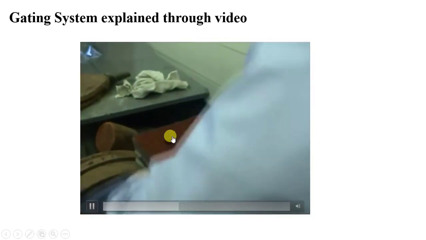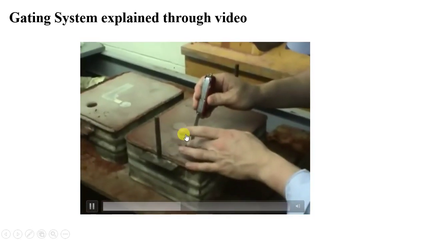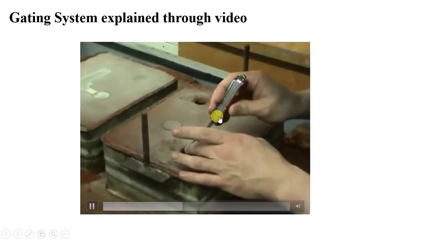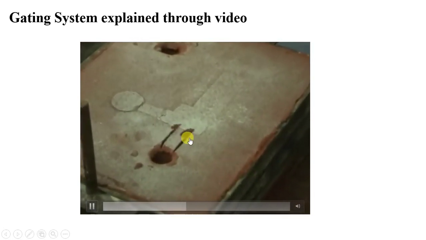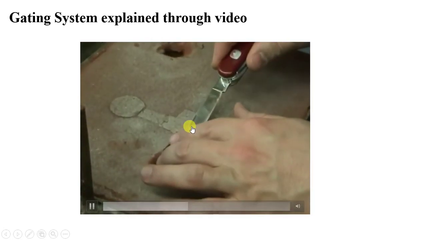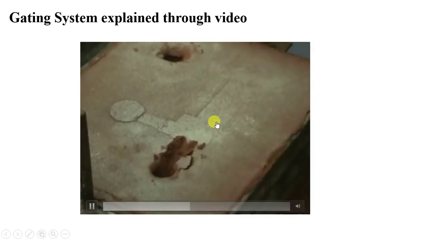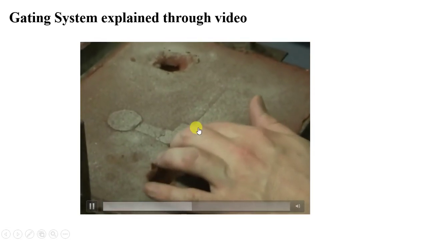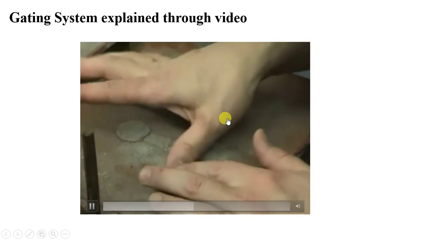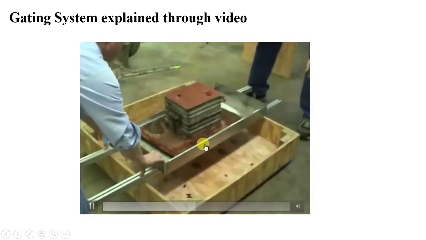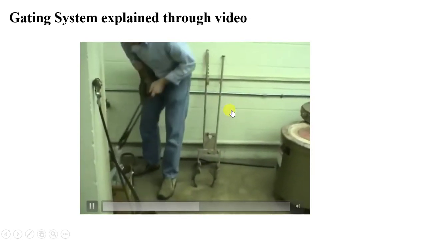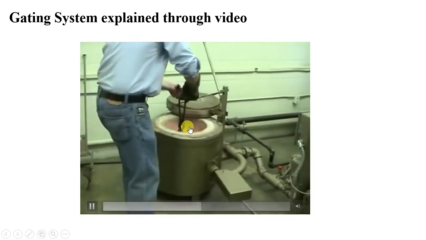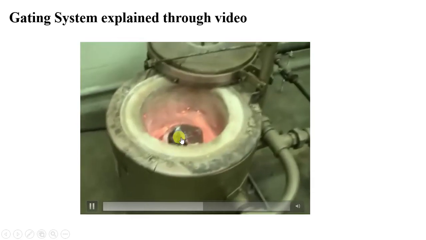This is the riser. This is the open riser now. The figure which we have seen before was a blind riser. So here he is making a runner into this pattern. Now the pattern has still not been removed. Here aluminum waste is melted.